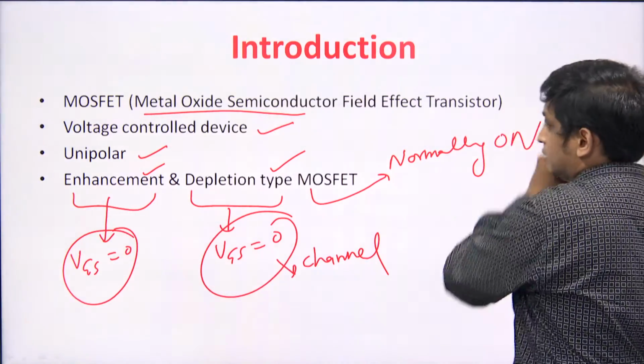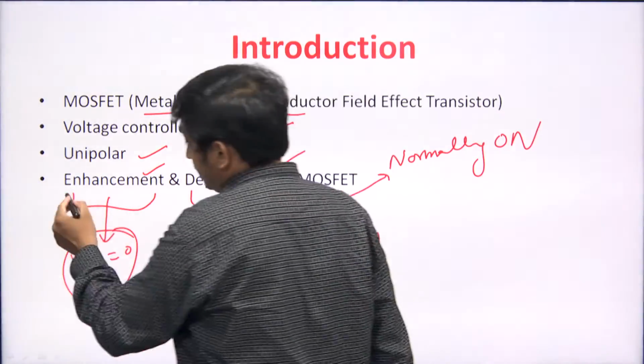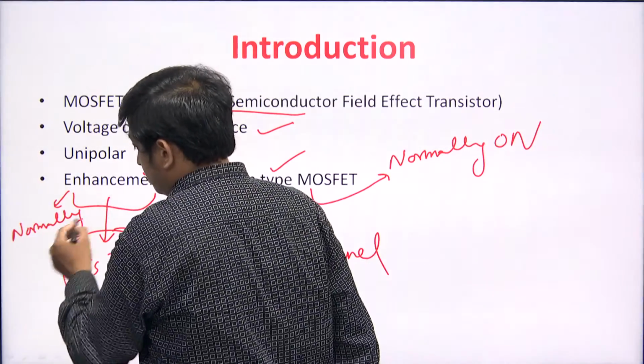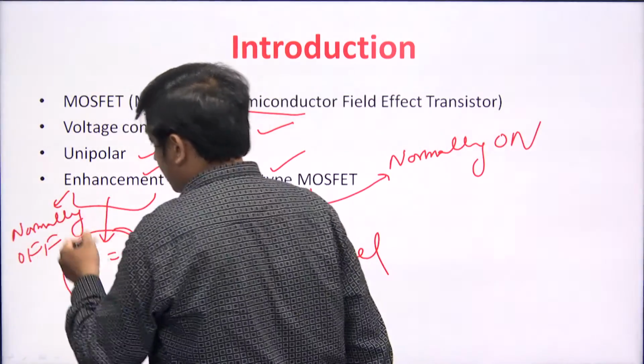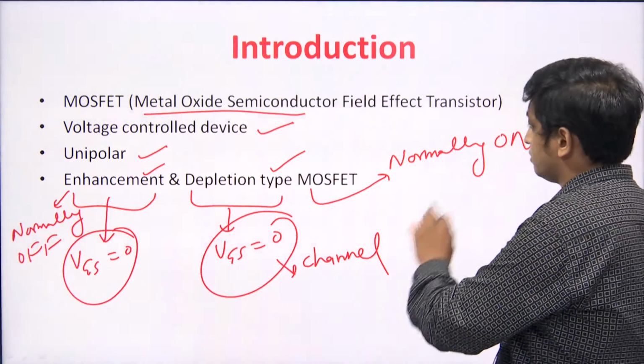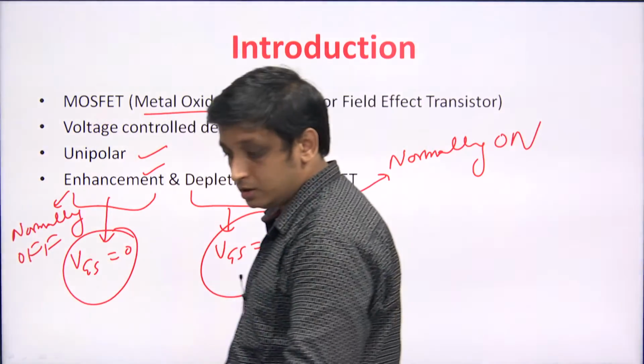Your enhancement type MOSFET is normally off, because there is no channel at VGS equal to 0, but in depletion type there is a channel at VGS equal to 0. That is why depletion type MOSFET is called normally on.